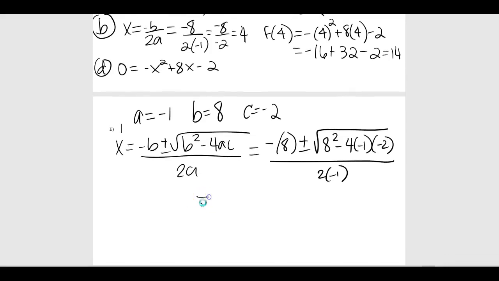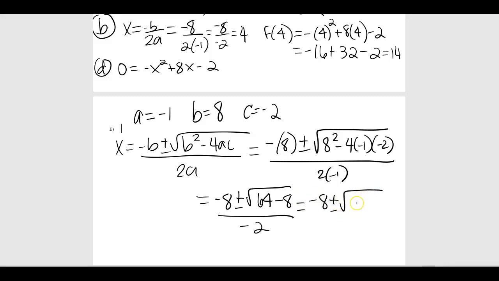So that's going to give us negative 8 plus or minus the square root of 64. Negative 4 times negative 1 is positive 4, times negative 2 is negative 8, divided by negative 2. So that's going to be negative 8 plus or minus the square root of 56 over negative 2.